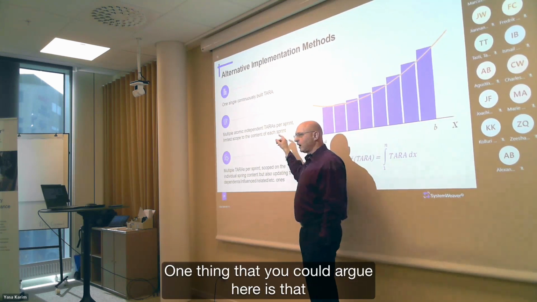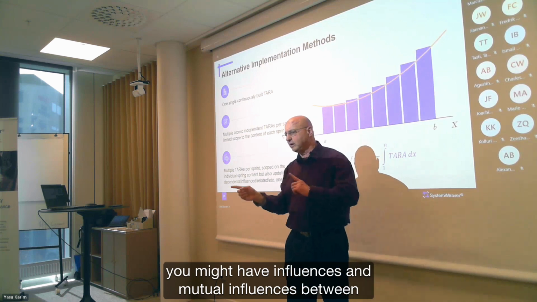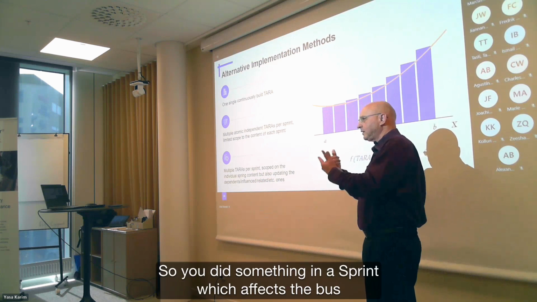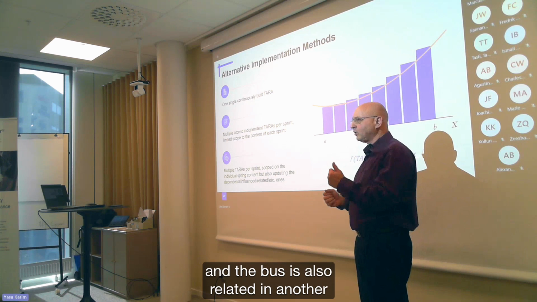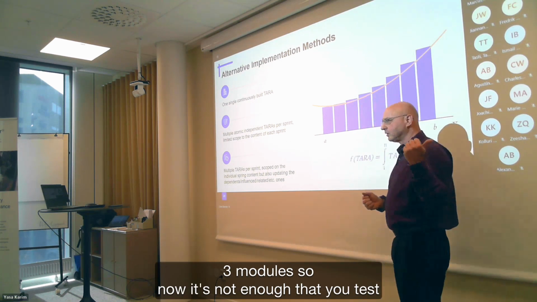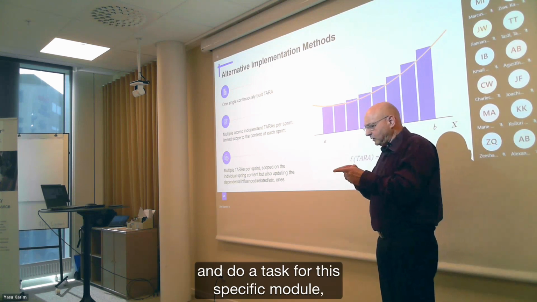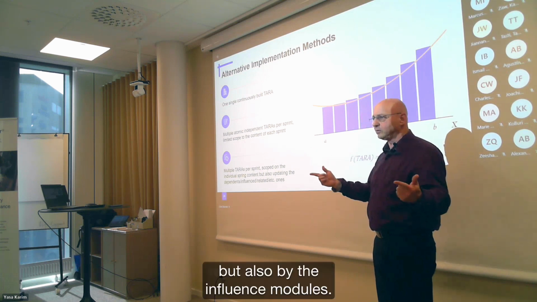One thing that you could argue here is that you might have influences and mutual influences between modules, between sprints. So you did something in a sprint which affects the bus. And the bus is also related to another 3 modules. So now it's not enough that you test and do a TARA for this specific module, but also for the influenced modules.